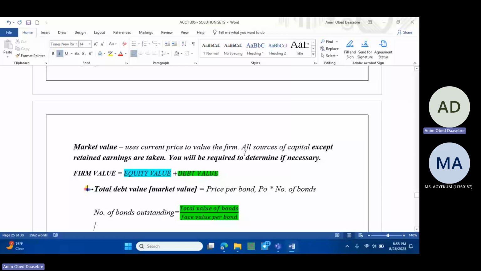So for the market value, you take the summation of all the sources of capital except retained earnings. So when you are computing the total market value for each of the sources of finance, we should not add or take the retained earnings.